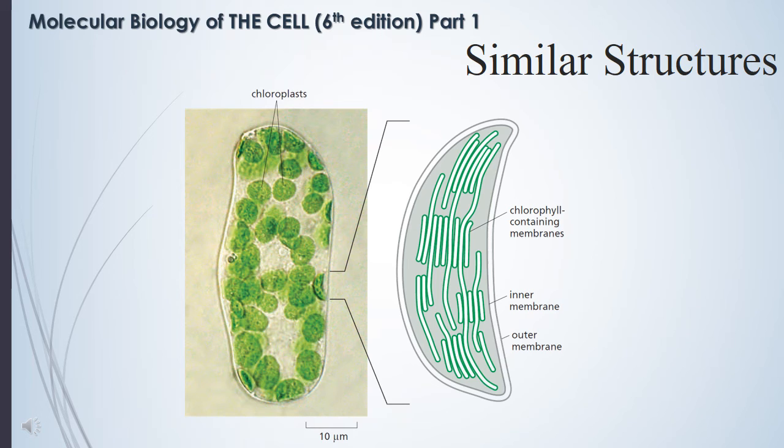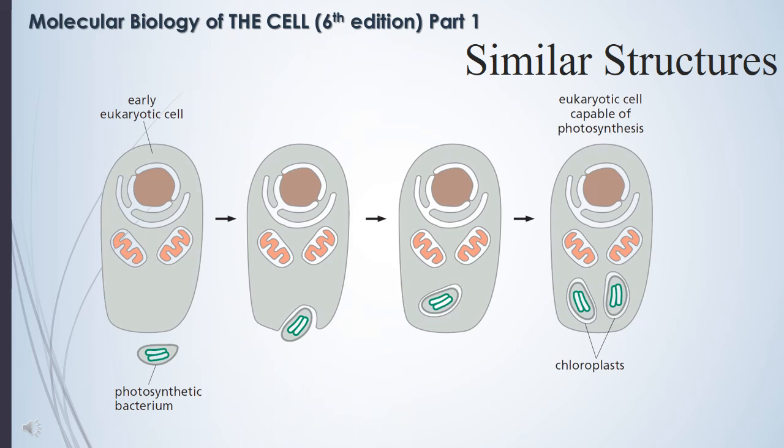And the idea here is very similar to that of mitochondria. So the underlying idea here is that some cells decided that, well, mitochondria is not enough. There are other sources of energy.